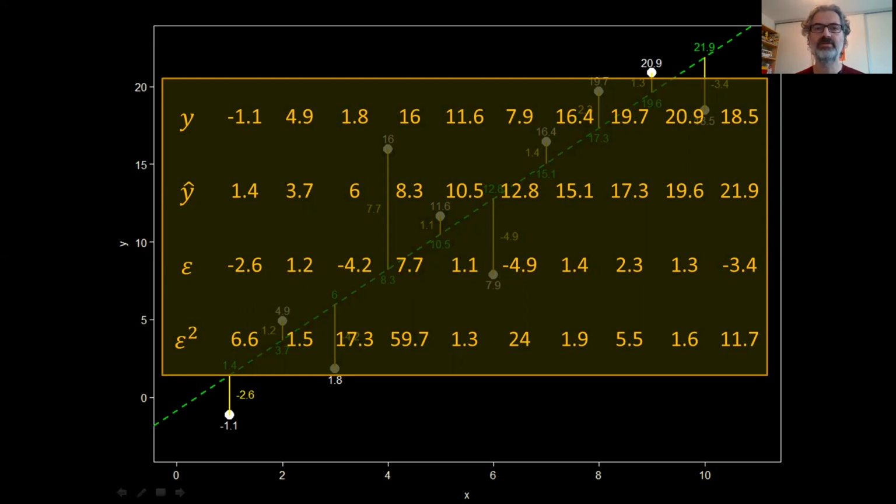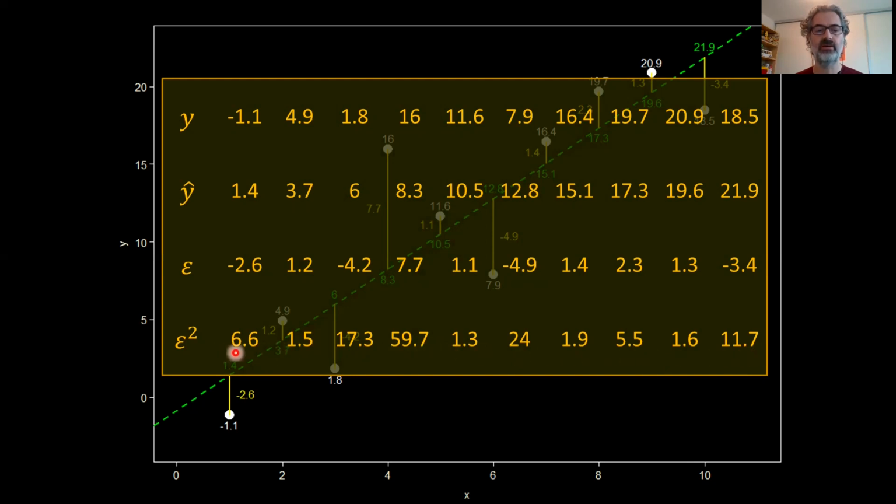And as you should probably have guessed by now, because we have a bunch of differences, some of which are positive and some of which are negative, what we're going to do next is to multiply all the residuals by themselves. So these are the squared errors.